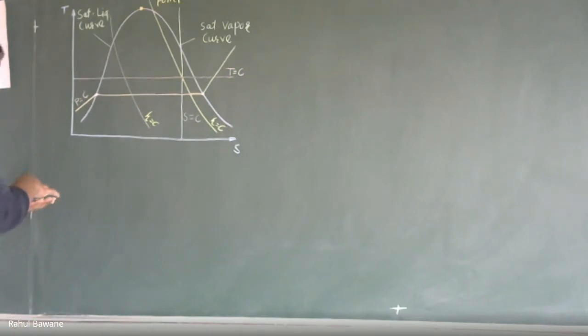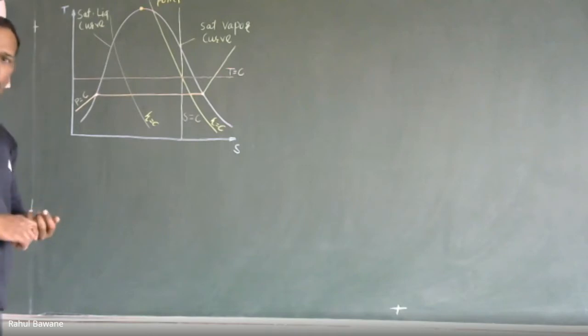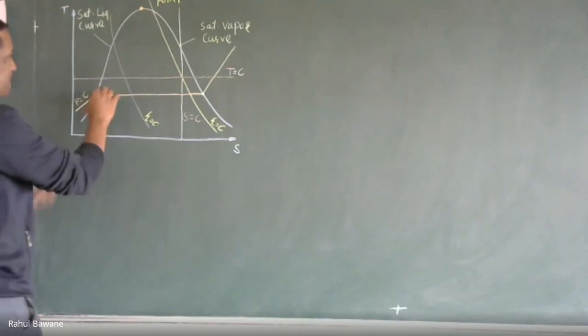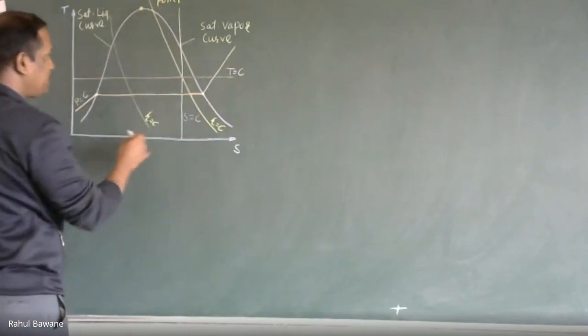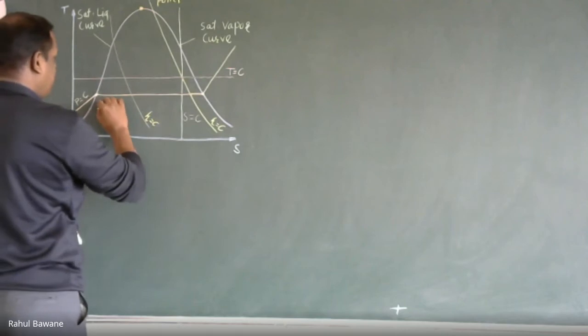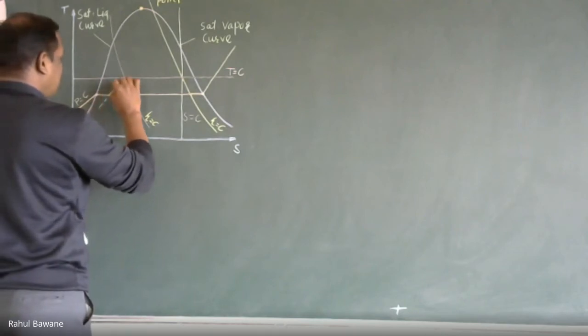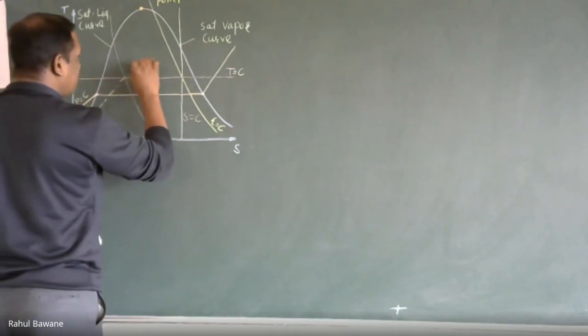And the last curve is for constant volume. Constant volume in this bell shape is a little bit curved line.